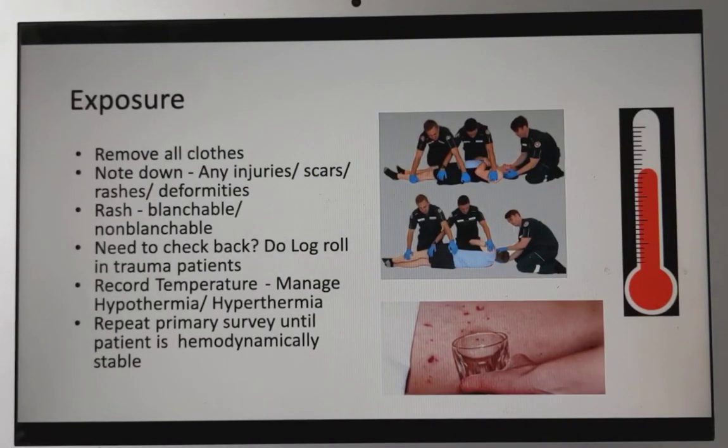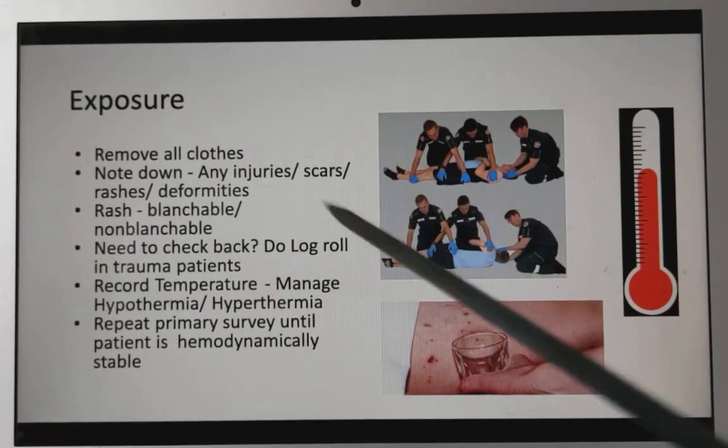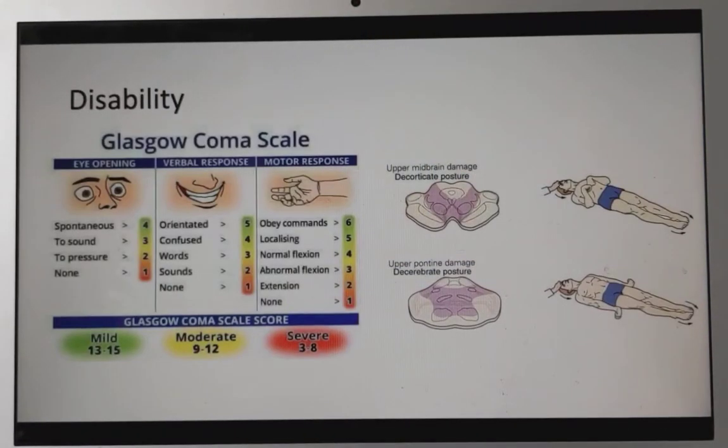Now coming to exposure. Of course, in disability, what you need to manage is blood sugar, which needs to be corrected immediately. And if the person has suffered a head injury, trauma, or seizures, then you will have to ensure that their ABCs are functioning fine, so that the brain continues to get perfused properly.